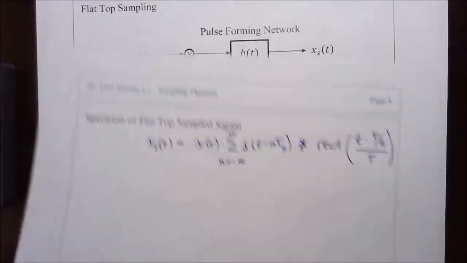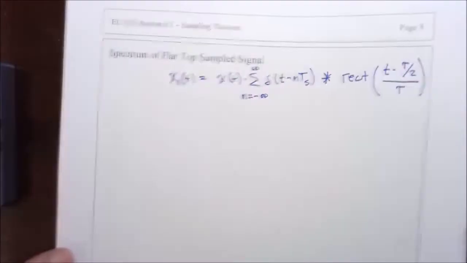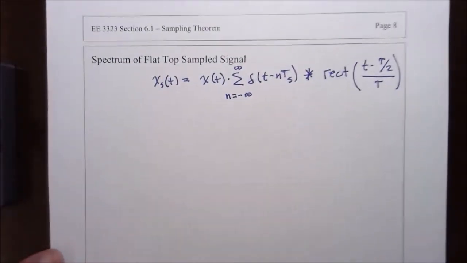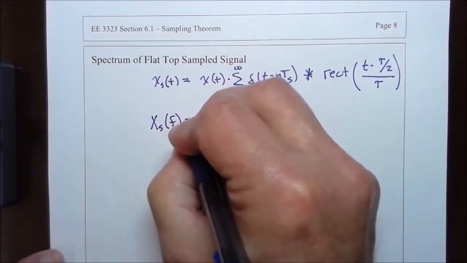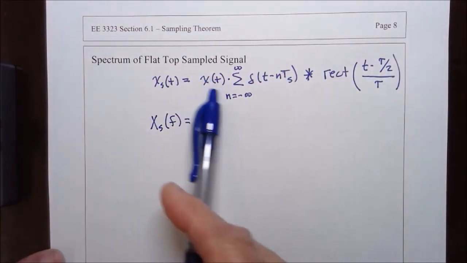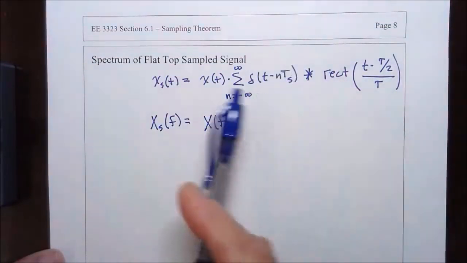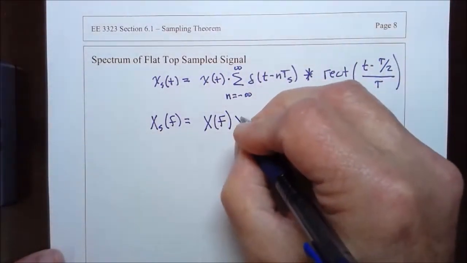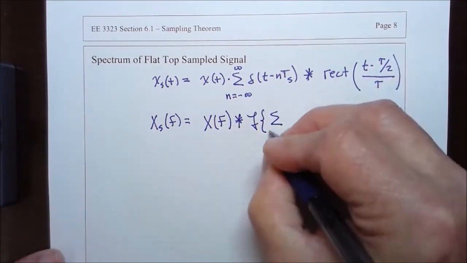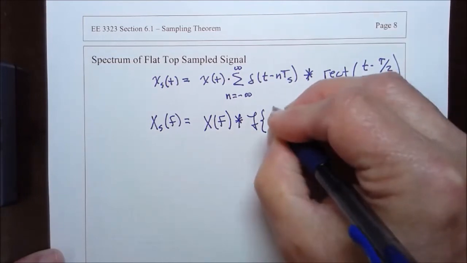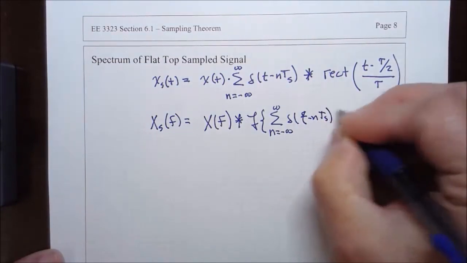So when we take the Fourier transform of this equation, we'll get capital X sub s of f, which is going to be the Fourier transform of x of t, so that's just X of f. This multiplication turns into a convolution with the Fourier transform of this train of delta functions, delta of t minus n times capital T sub s.